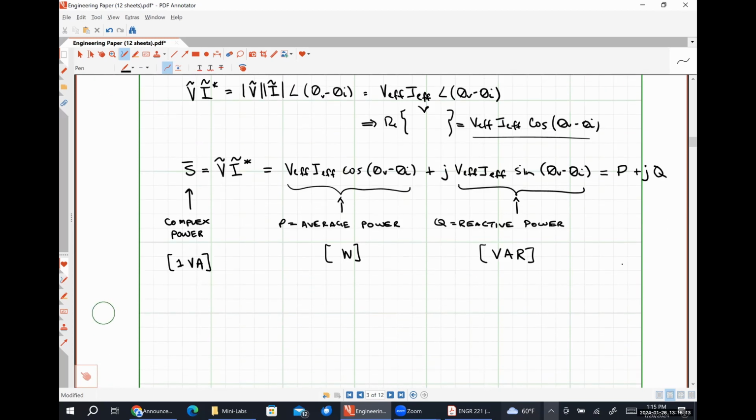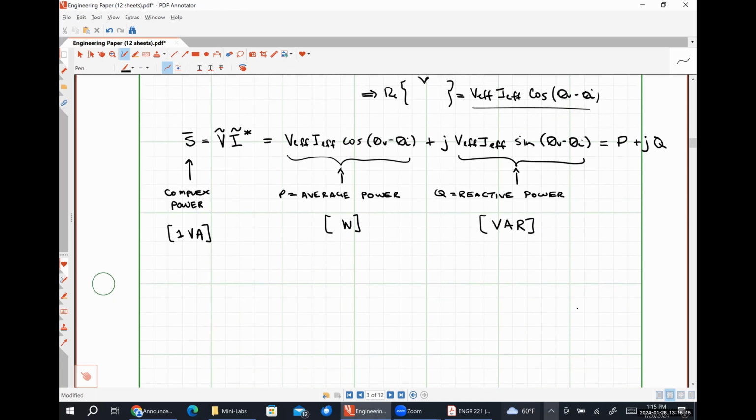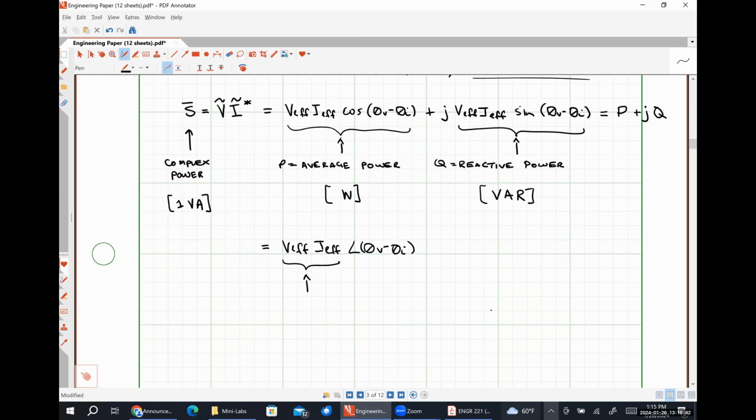All right. In polar form, we have V effective times I effective times the angle theta V minus theta I. Let me put brackets around that. And this quantity, V effective times I effective, also has a special name.